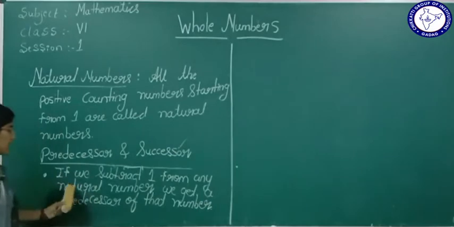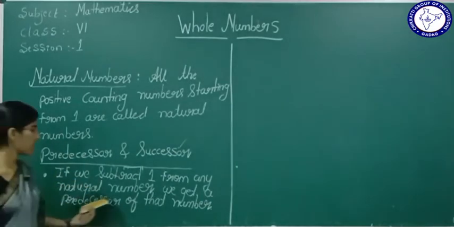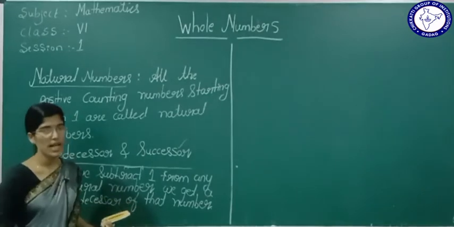See here, if we subtract 1 from any natural number, we get a predecessor of that number.